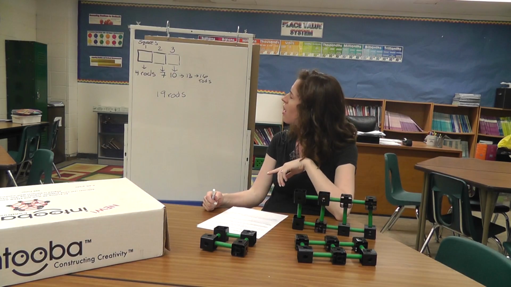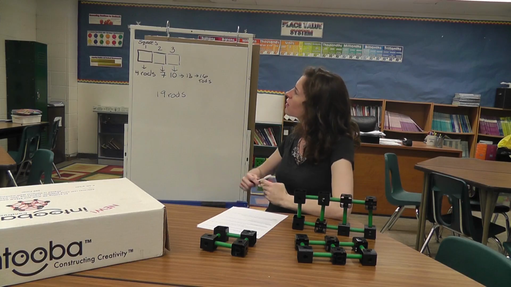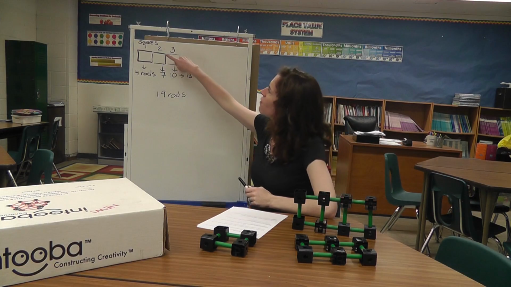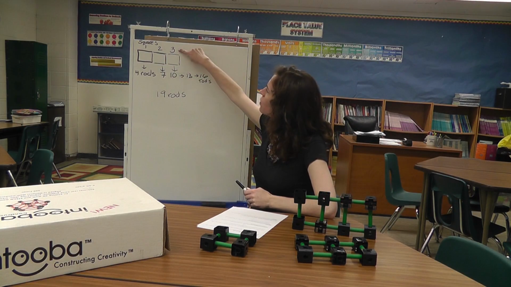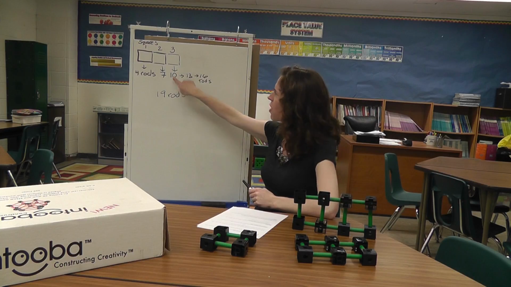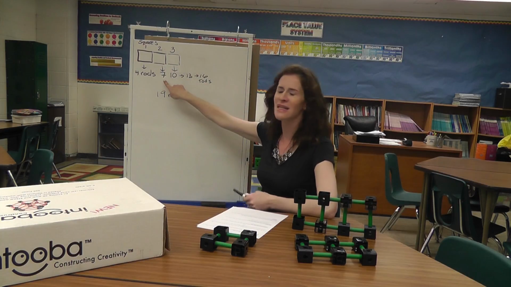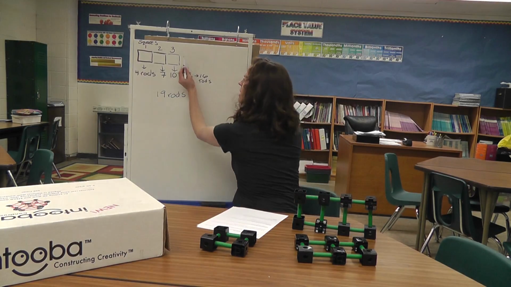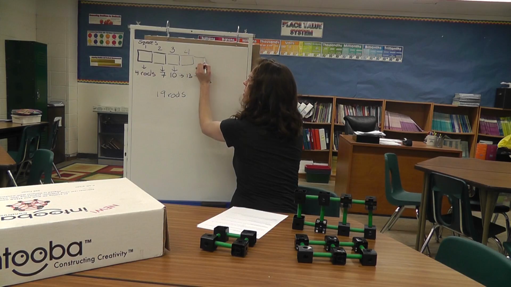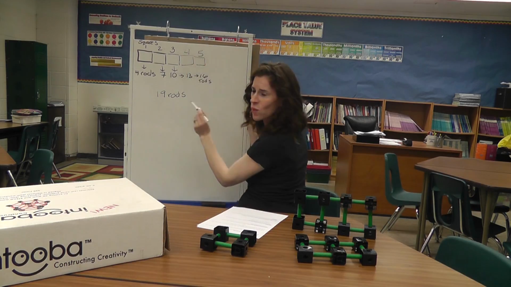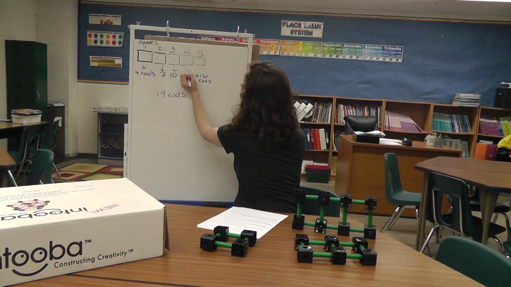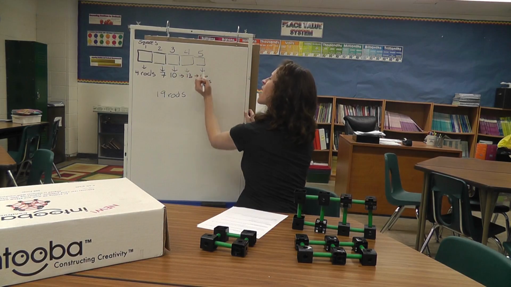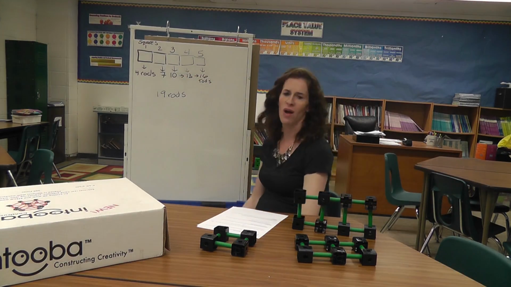Well, it looks like if I have 3 squares, I have 10 rods. 2 squares, I have 9 rods. Let's see. 4 squares, we have 13 rods. 5 squares, 16 rods.